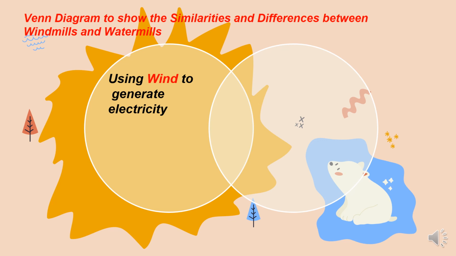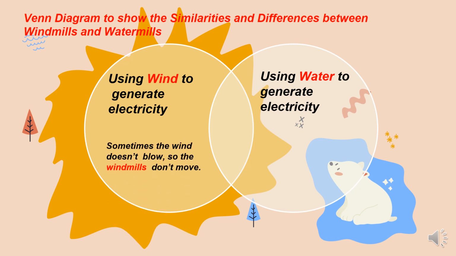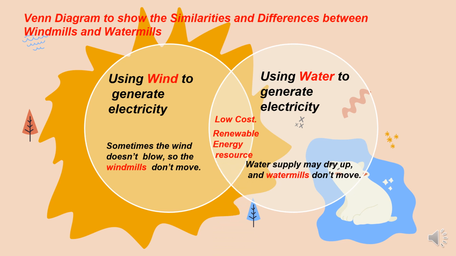And the watermills, which energy do they use to generate electricity? Excellent, grade 4. It uses water. And what are the common things between them now? Excellent. Both of them are low in cost, and both of them are renewable energy resources as they can be replaced easily. Excellent, grade 4.